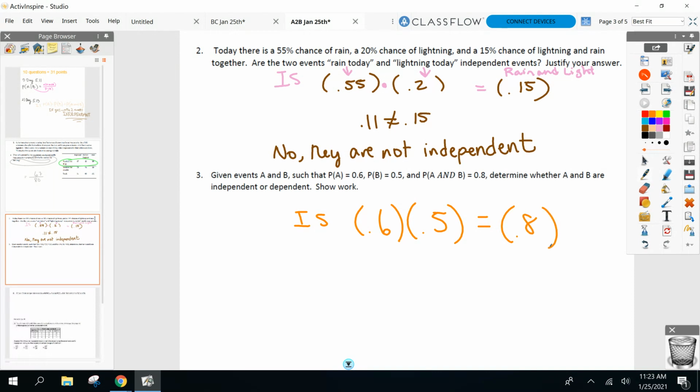Oh, it's pretty nice when I give you the decimals and you don't have to find them. And yeah, you do the calculations real quick. I don't think 0.3 is equal to 0.8, so these are dependent. A and B are dependent.